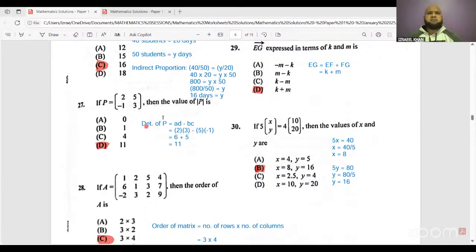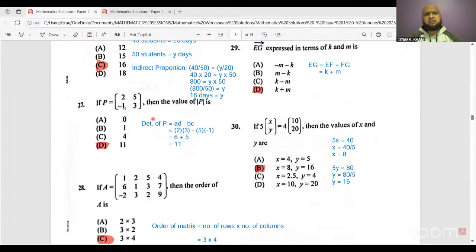They have other meanings, but in this context it would be referring to your determinant. So det for short, determinant of P is AD minus BC. Again, A will be 2, B will be 5, C is minus 1, 3 would be D.